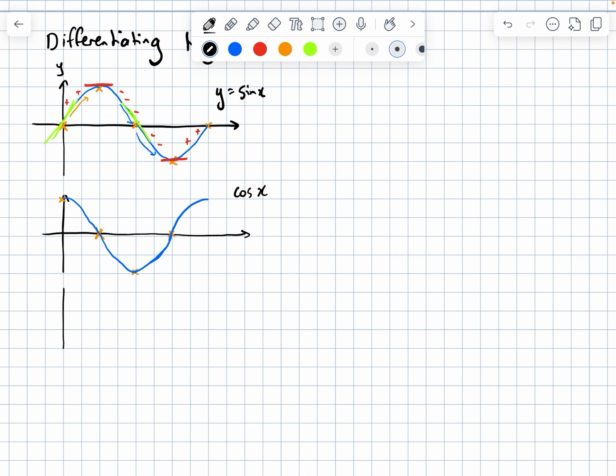While we're at cos, we may as well look at what the cos graph will look like when it's differentiated. So we follow the same steps. Find when it's 0. Mark those down. Then look to see what's happening in the other points. It is decreasing, the gradient's negative there, increasing there.